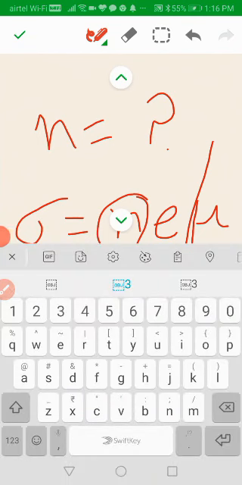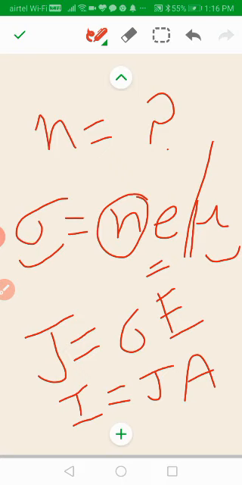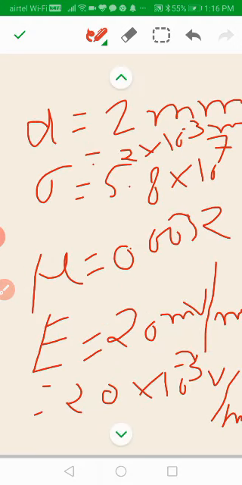We need to calculate I. We know that I equals J times A. Current equals J times A, because current density is the current flowing per unit area, and J we have already calculated. This A you can calculate with the help of the given diameter, because the cross-section area of a wire is always circular.